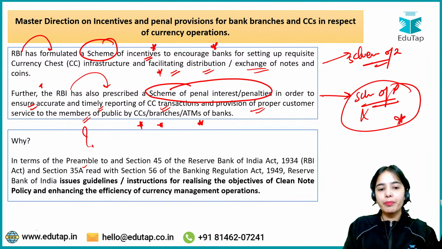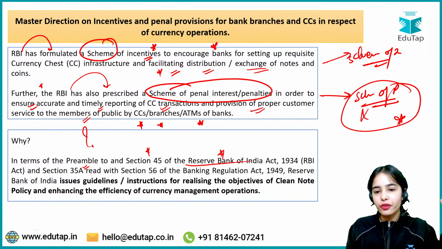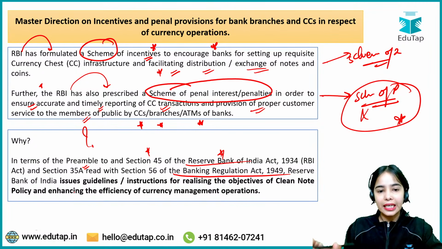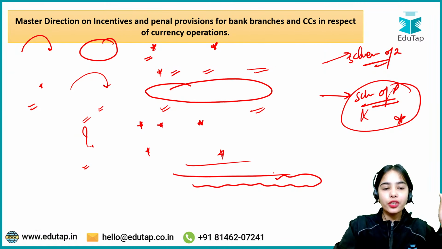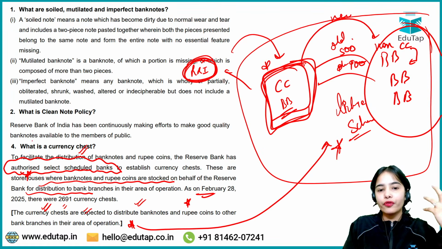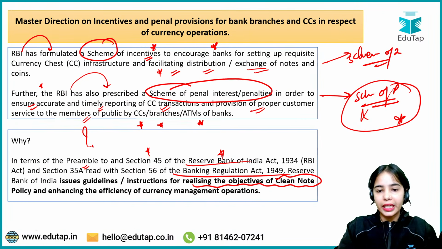So in terms of the preamble of the Reserve Bank of India Act, and as per section 45 of the Reserve Bank of India Act and the Banking Regulation Act, the Reserve Bank of India issues guidelines, instructions for realizing the objective of clean note policy. Clean note policy is basically where the RBI wants to provide good quality banknotes to the members of public, right?